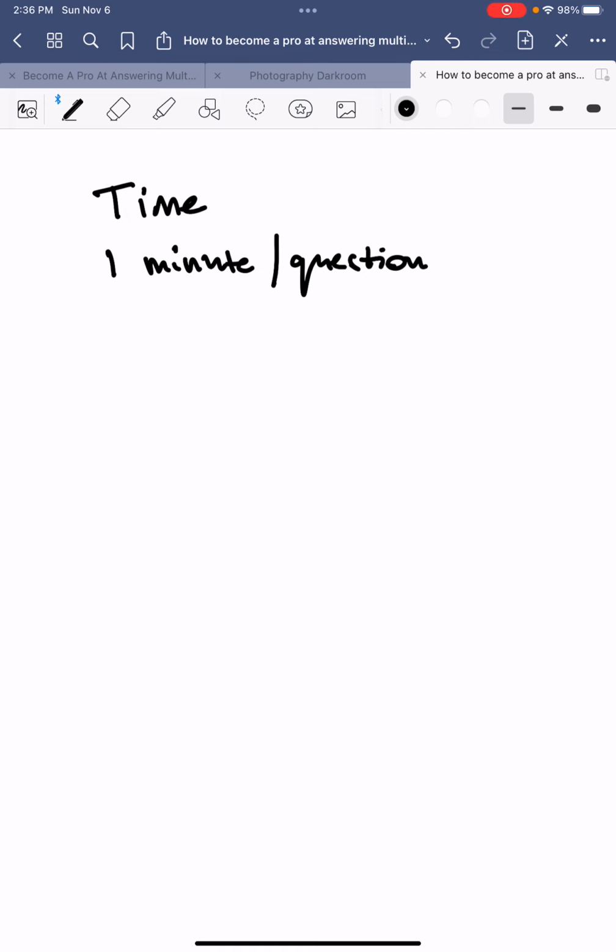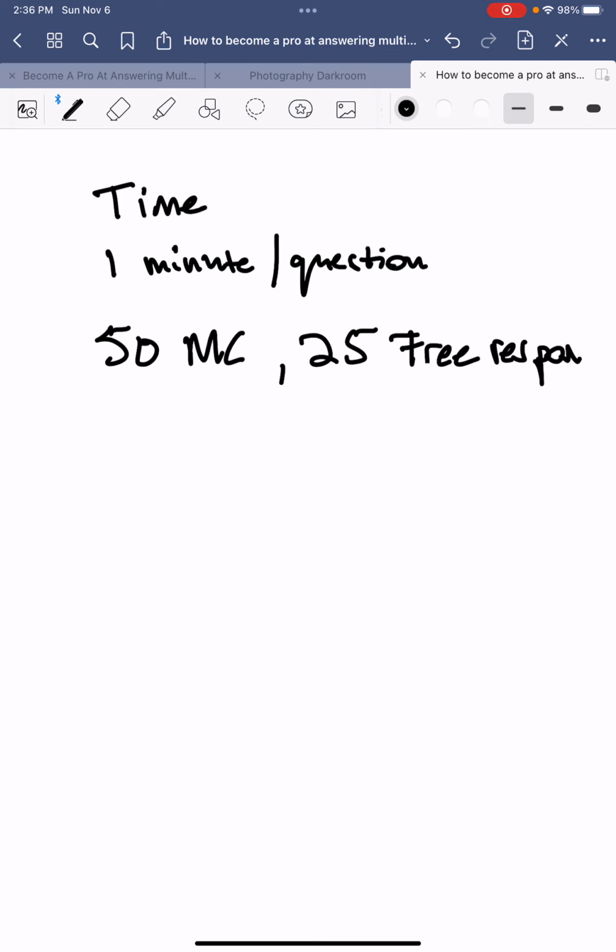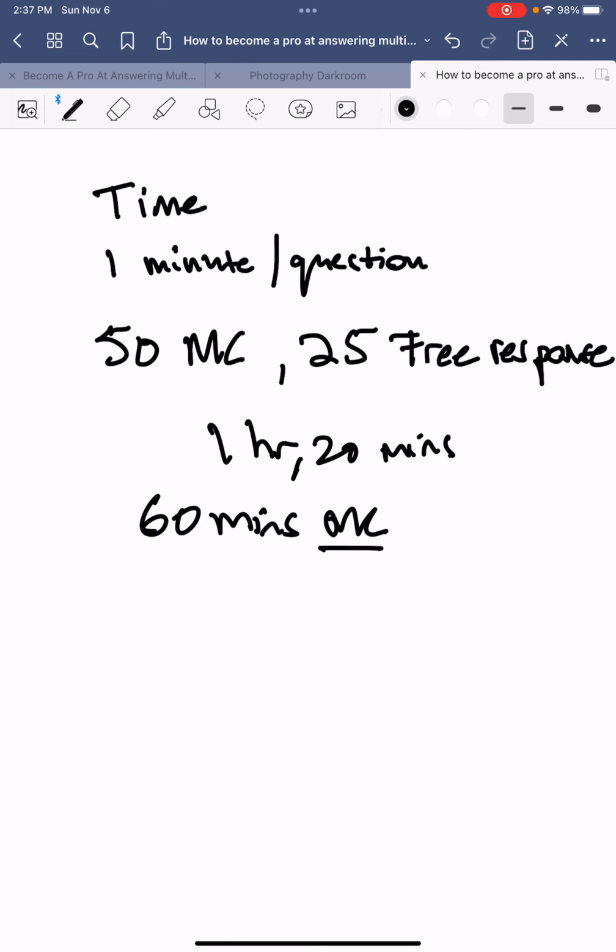But I think it would be better to allow yourself a block of time. So let's say you have 50 multiple choice questions and you have 25 points in the free response section. And let's say you're given 1 hour and 20 minutes to complete the whole exam. I would bargain to spend at least 60 minutes on the multiple choice section.